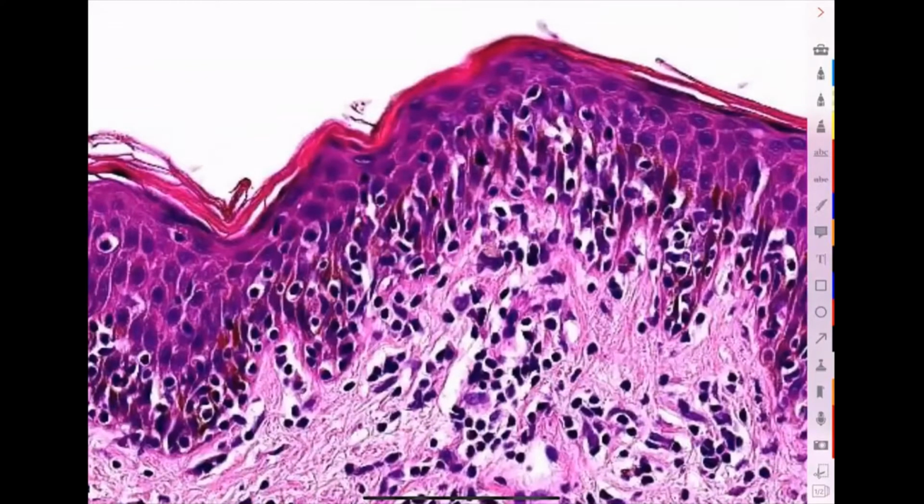If you do have lymphocyte exocytosis with spongiosis, there are definitely a lot of white areas between the keratinocytes. You can see the borders become very exaggerated now. There is spongiosis.